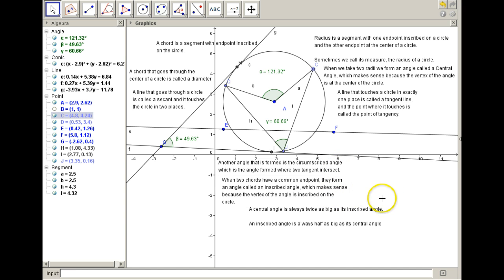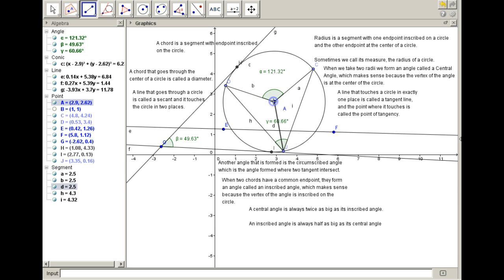Now, the last thing I'm going to show you will be the relationship between a tangent and the radius at the point of tangency. So let's analyze that. I want you to notice what happens if we create a radius, that's obviously a segment, to a point on the circle. Oh, that's not the one I wanted. Sorry.